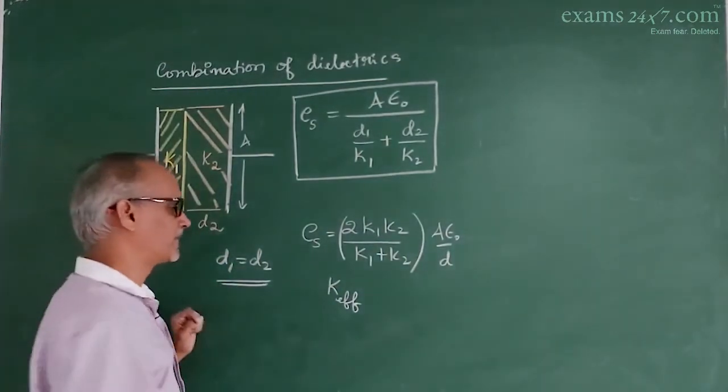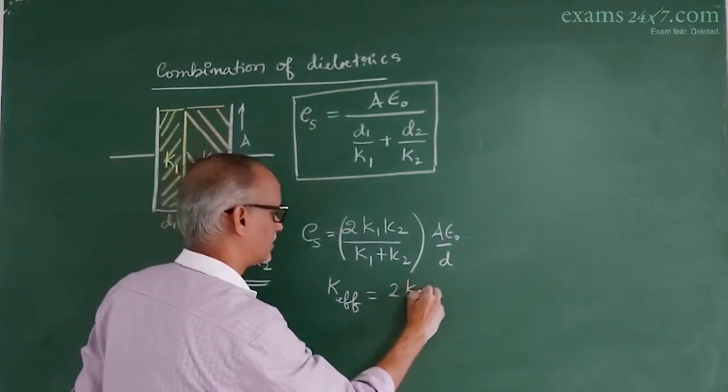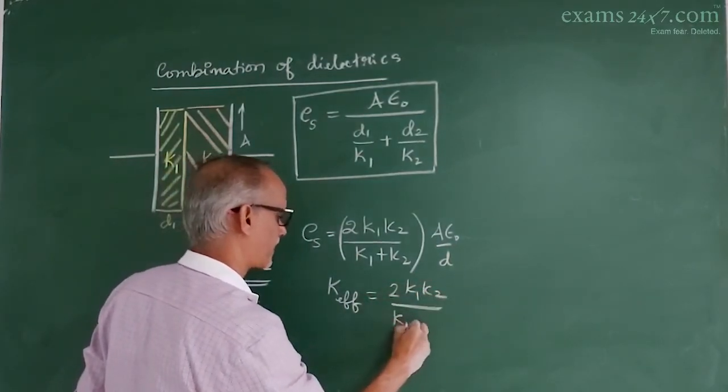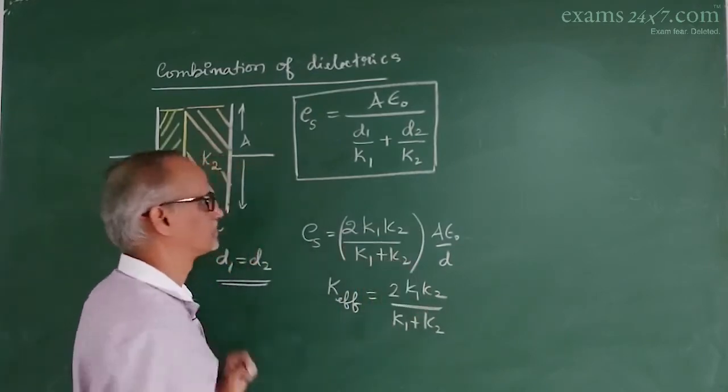So K effective is given by 2 K1 K2 by K1 plus K2.